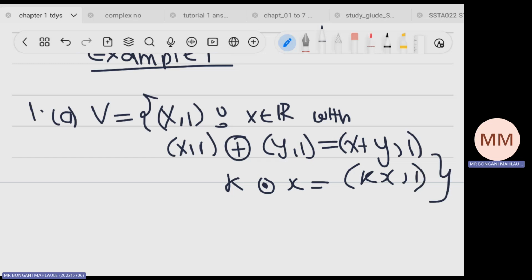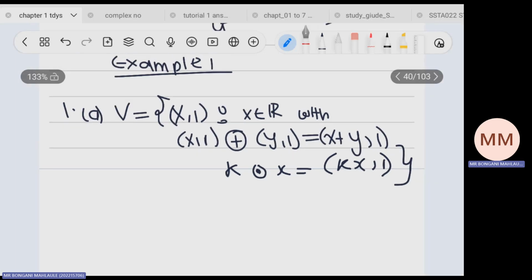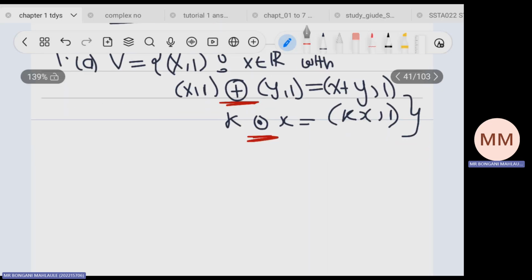So here you have a vector that is defined in two ways. You've got a vector defined in the form of addition and multiplication.